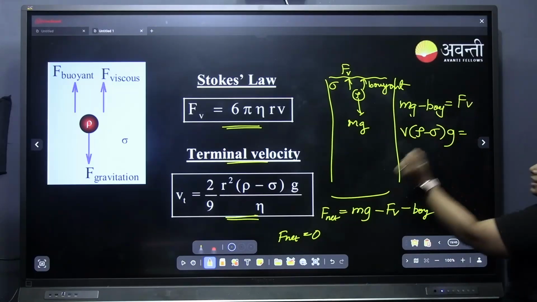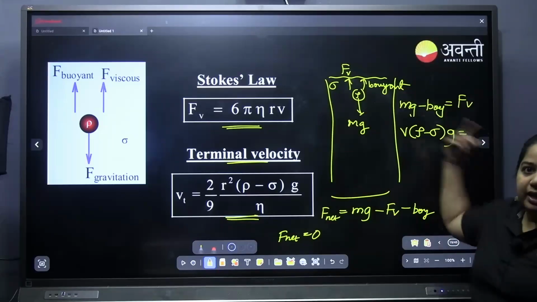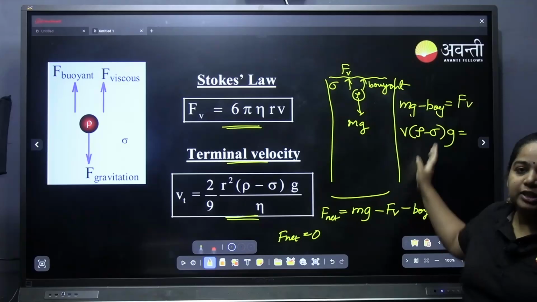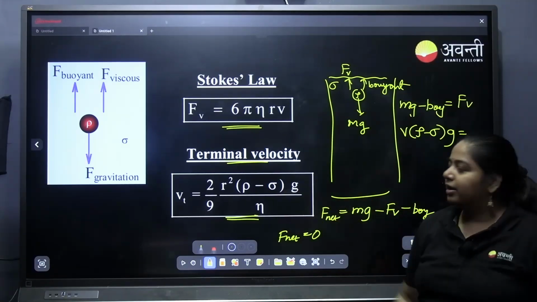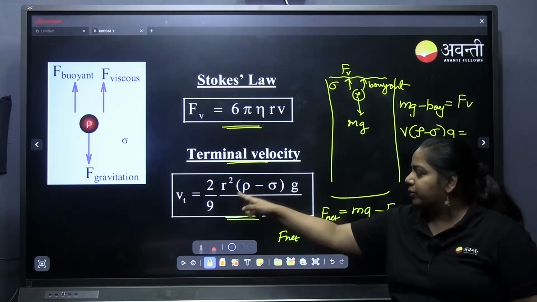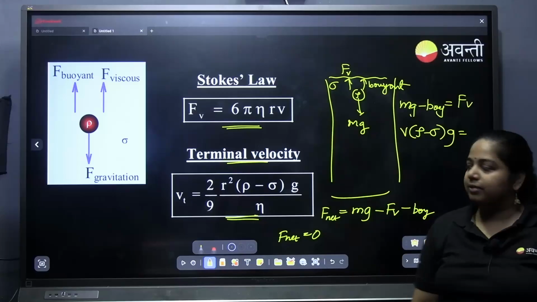This viscous force formula is this. Substitute it here and make volume equal to 4/3 pi r cube. Substitute all that, you will get velocity equal to this value: 2 by 9 r square into rho minus sigma, g by eta.